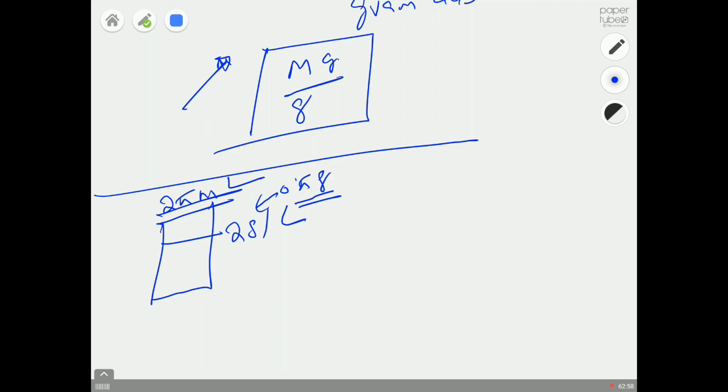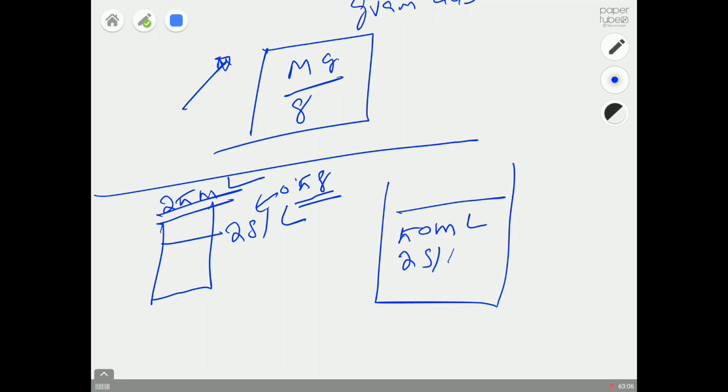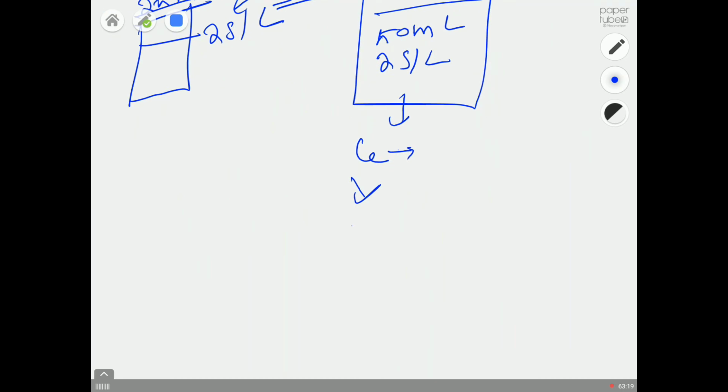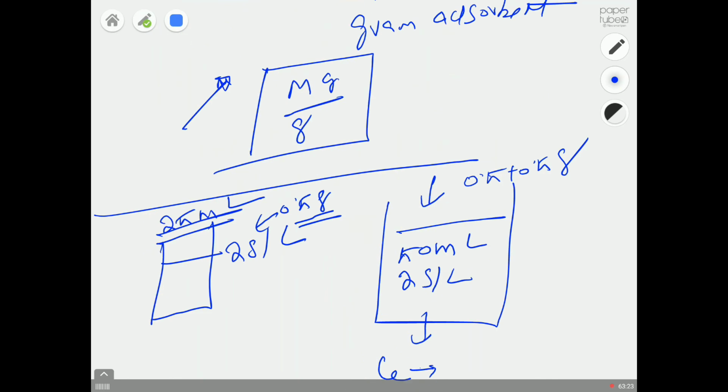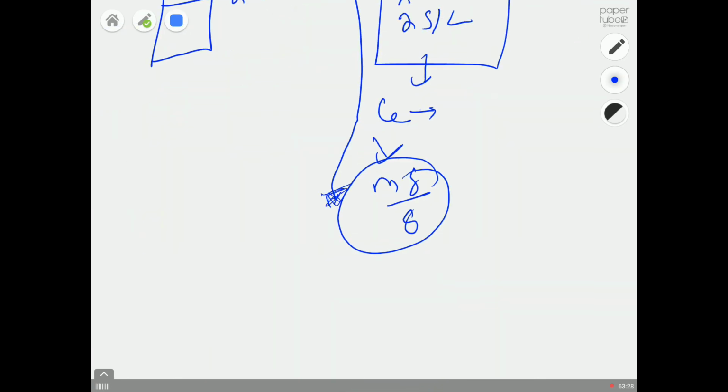And if you do the same experiment with 50 ml, at 2 grams per liter of concentration, this time we add 0.5 plus 0.5 gram, and you will get a new CE value. But whatever CE value you get, if you convert it into milligrams per gram, that value will match the value that you got with the 25 ml reactor.